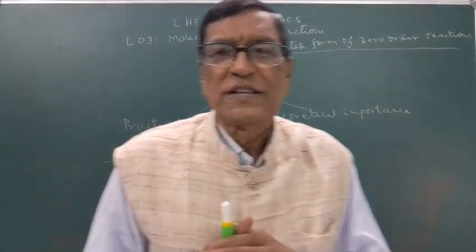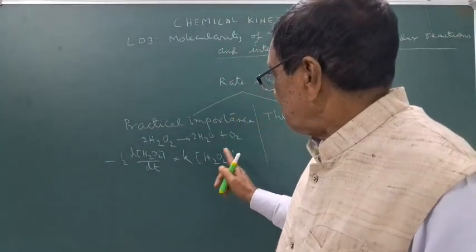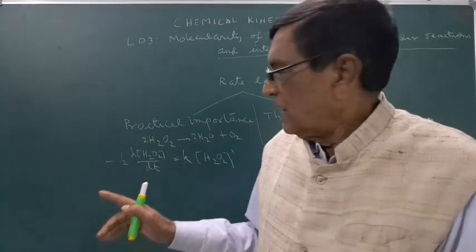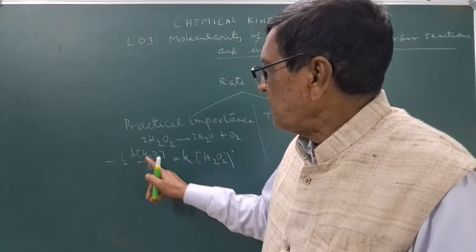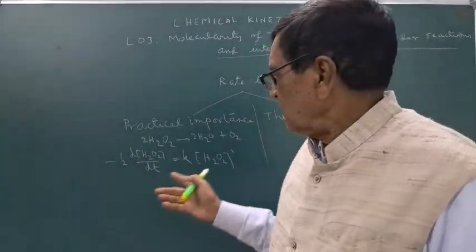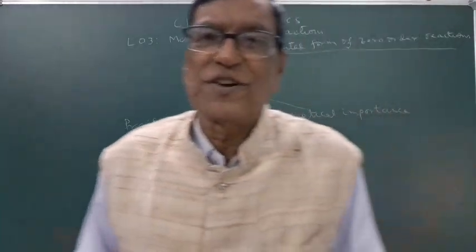The concentration of hydrogen peroxide has a single power, so it is first order kinetics. It will follow the first order kinetics as the single power concentration will control the rate of this reaction. Or from the rate, you can get this order. This is one, means this is the first order.